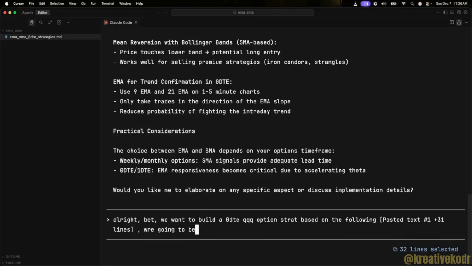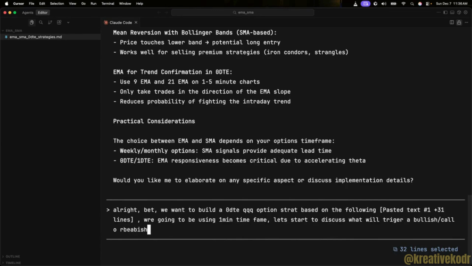We're going to be using a 1 minute time frame. Let's start to discuss what will trigger a bullish call or bearish put.